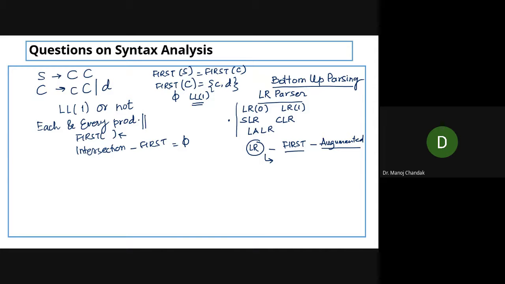Let me start with some questions on syntax analysis from the GATE perspective. I will be discussing these questions, which are slightly interesting, and also quite repeated a number of times in the GATE papers.